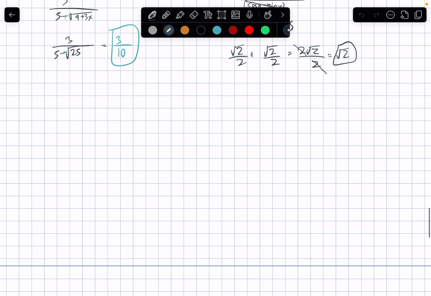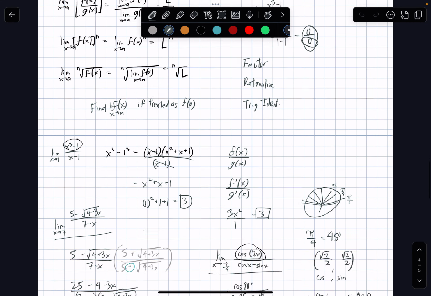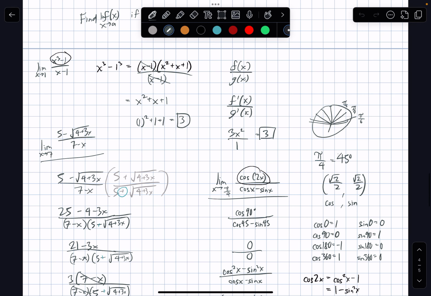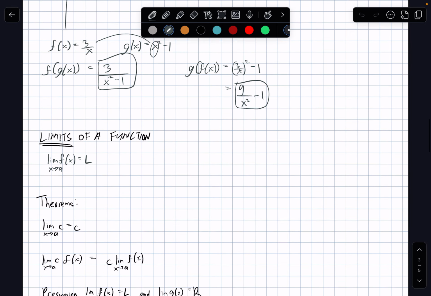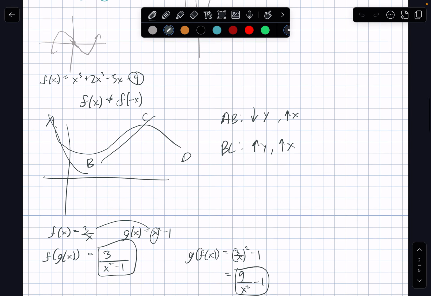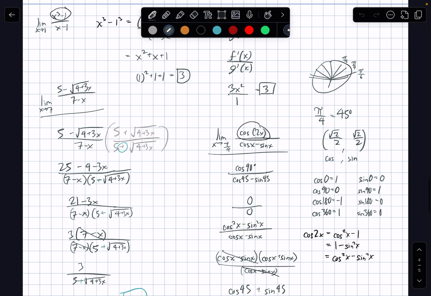Okay, continuing on. Previously, I talked about how to find the limit of a function, basically the method of direct substitution. And if that doesn't work, there are three other ways to try solving it: factoring, trigonometric identities, as well as, what's the other one?